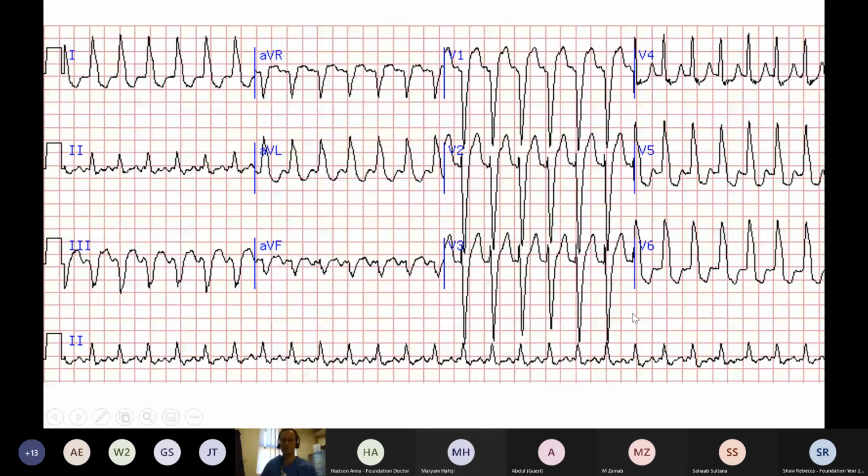So what does everybody make of this 12-lead ECG? Are you all very happy that this is a VT, or are you going to bravely tell me that this is an SVT with aberrancy?